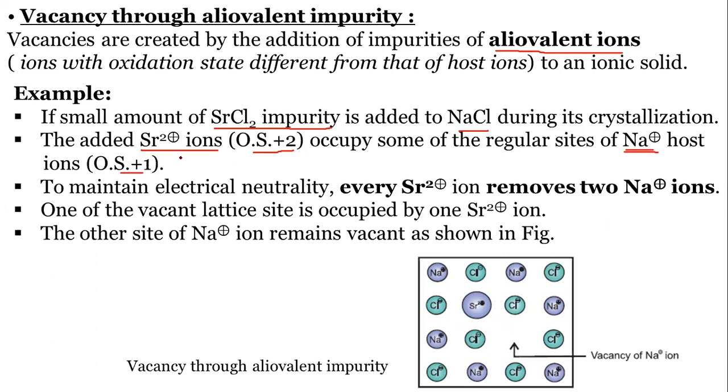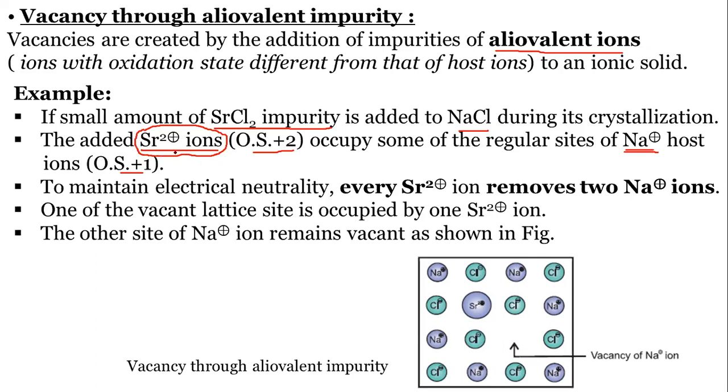So there is a different oxidation state here. Sr2+ is an aliovalent ion. Remember, Sr2+ ions are aliovalent impurities, or aliovalent ions, whose oxidation state is different from the host. Here the host is Na+ with oxidation state +1, and Sr2+ has oxidation state +2.